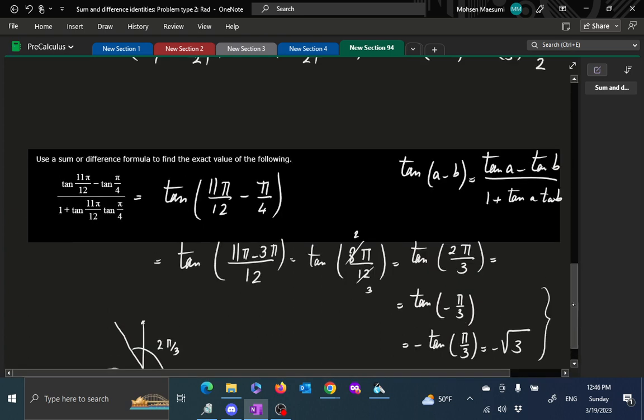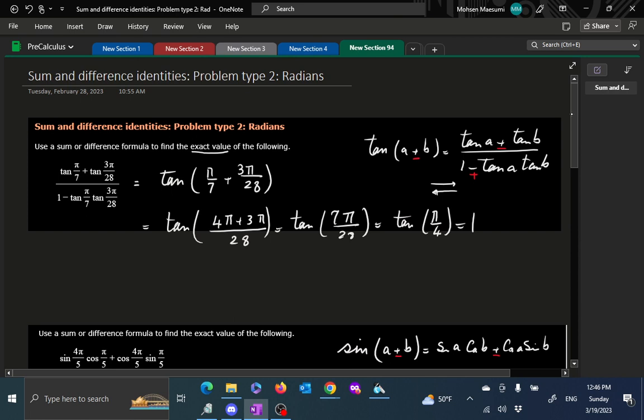Okay, so what we learned here is applying the sum and difference identities in reverse. That's what type 2 meant. We are applying this in reverse, and we were using angles in radians.